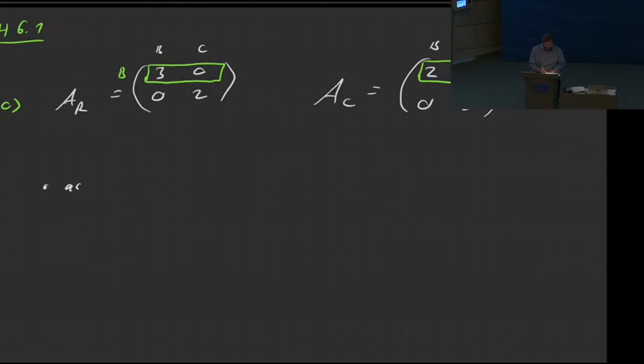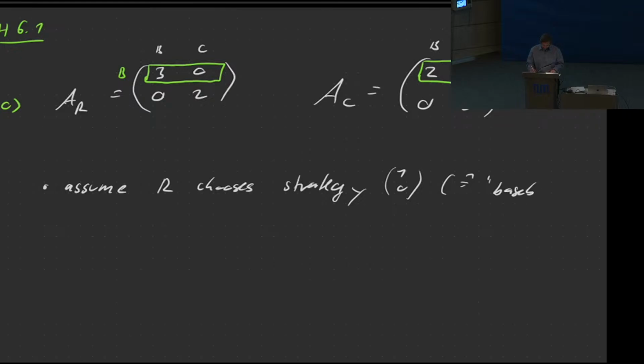So let's assume Romeo chooses strategy 1, 0, meaning he goes to the baseball game. Then what is Celia's best response?